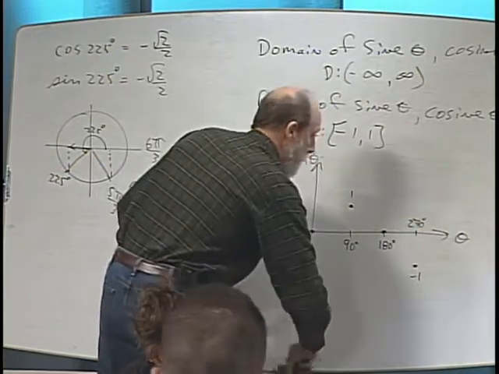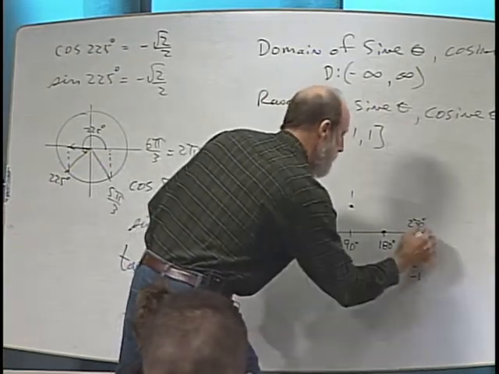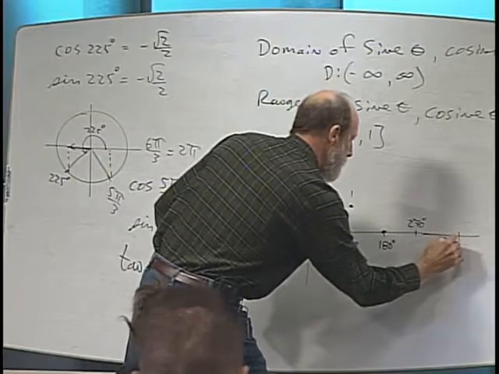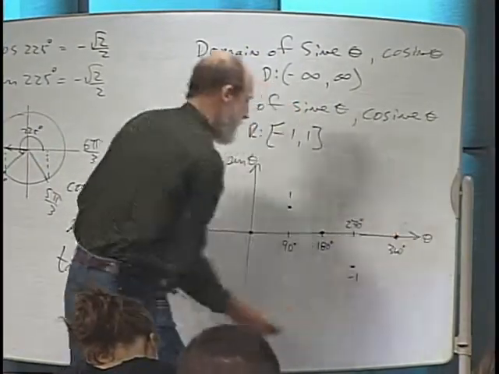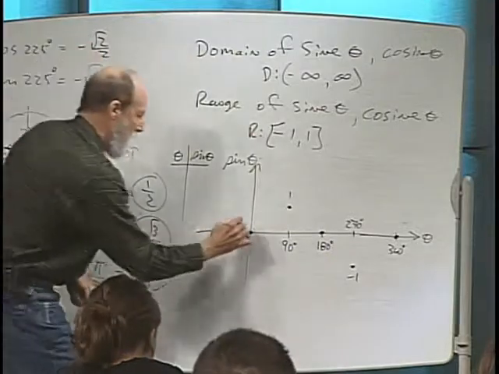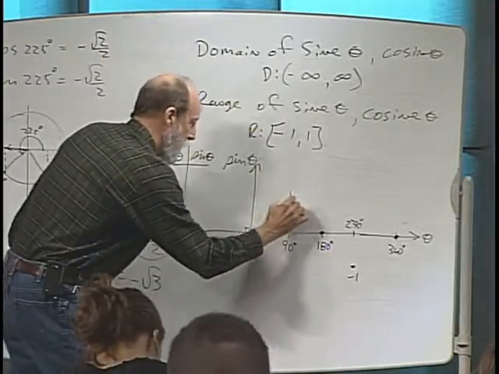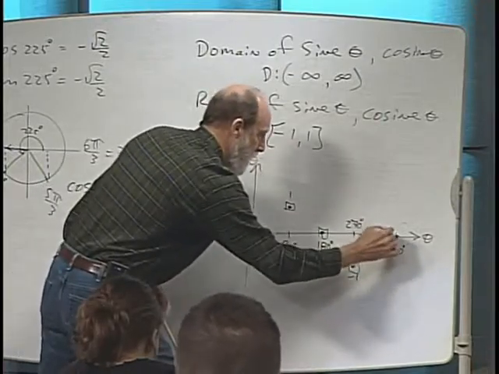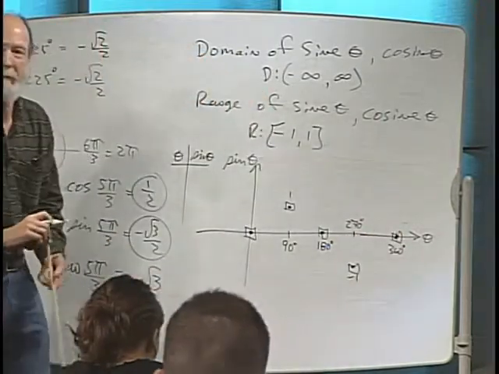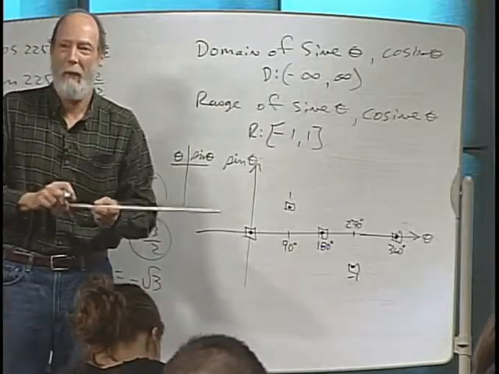And then 360 degrees, 0 again. So what I've got going here is a top, a bottom, and some zeros.